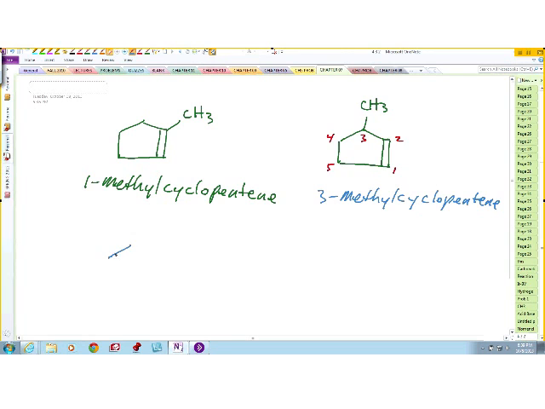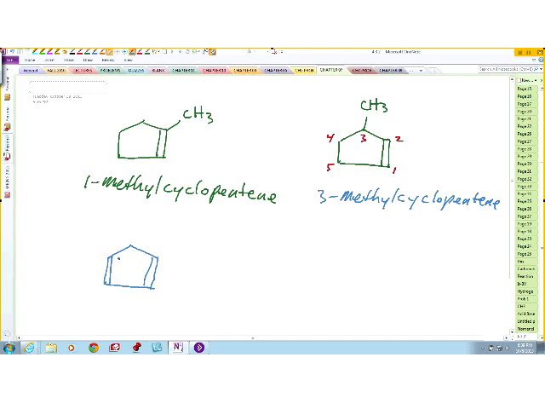Now, supposing we have this. Okay. Now we have 2 double bonds.